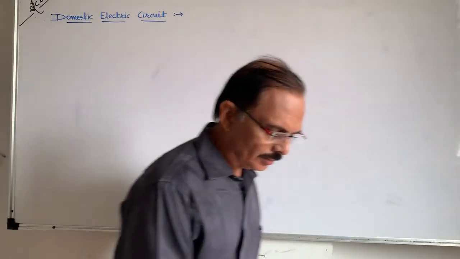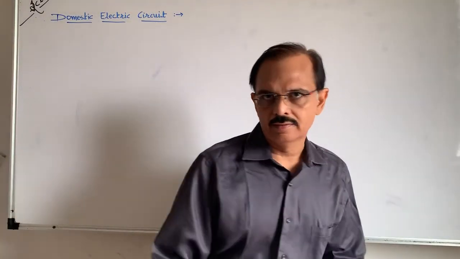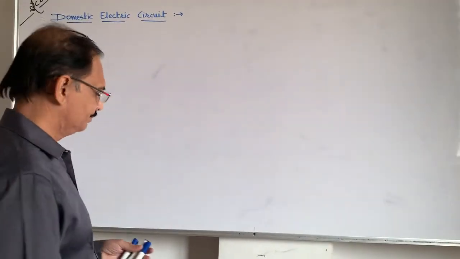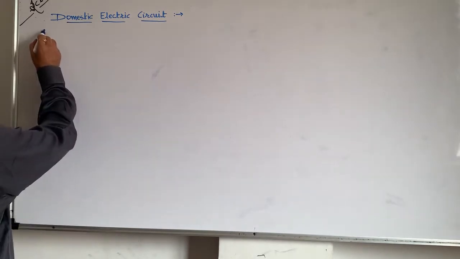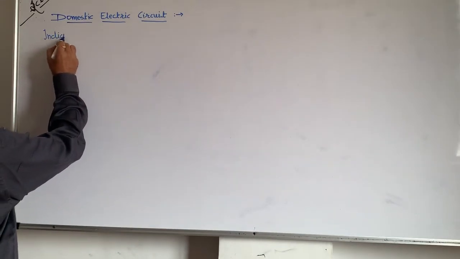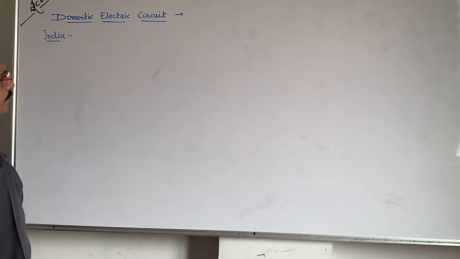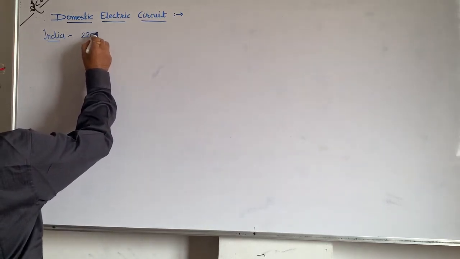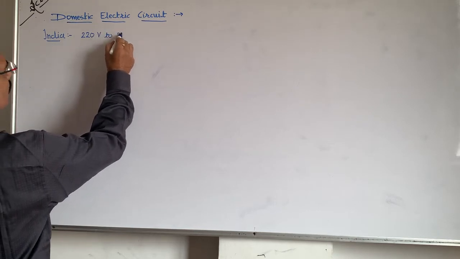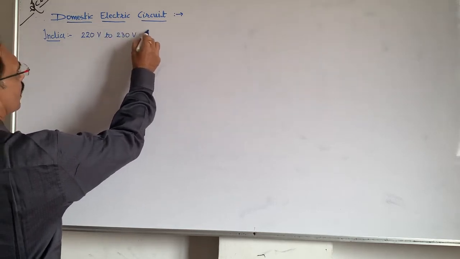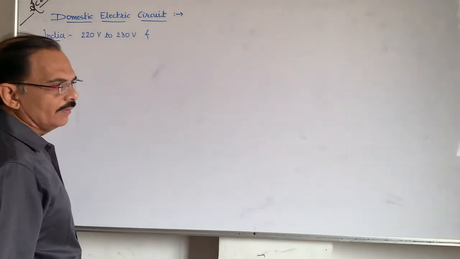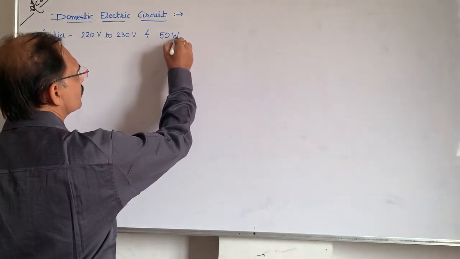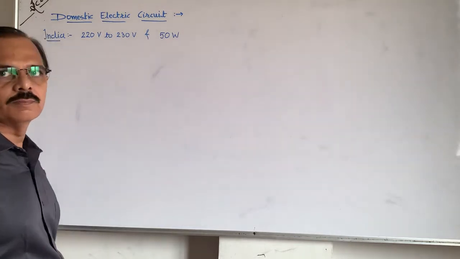Now the last topic of this lesson is the domestic electric circuit. You know that in India, first note down this, in India, the government supplies 220 to 230 volts and the frequency is 50 hertz, meaning 50 cycles per second.